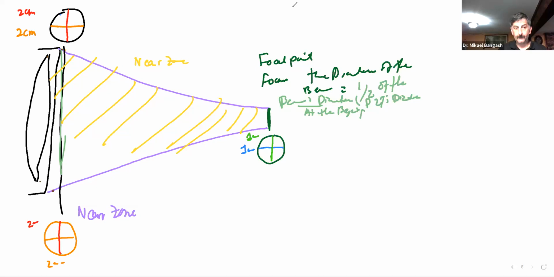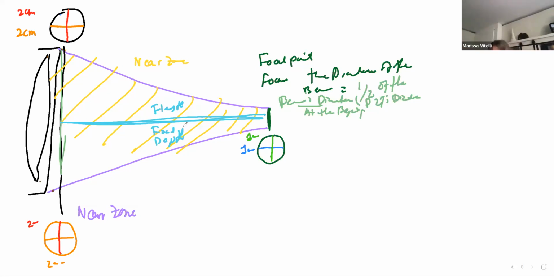Whereas this distance here is what we call the focal length, or focal depth. Did you girls get that?